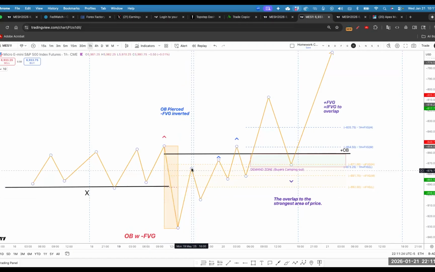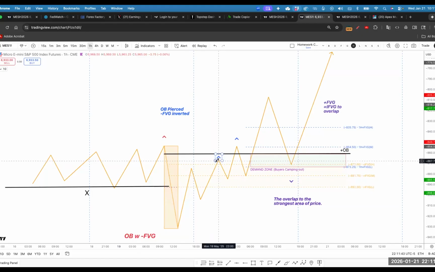When we come in here, instead of these highs taking out this low, it trades inside of the gap, the fair value gap that was supposed to sell us off. And then it keeps pushing up.